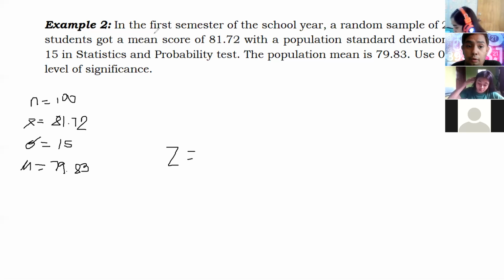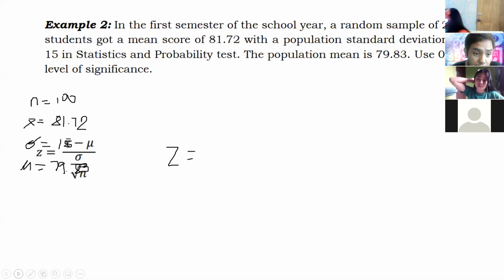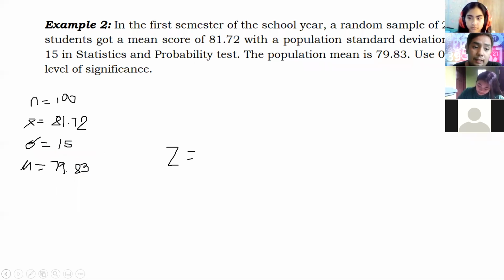So ano nga muna ating formula? Our formula, z is equals to mean minus mu over population standard deviation over the square root of n.